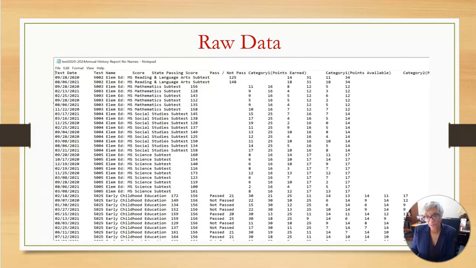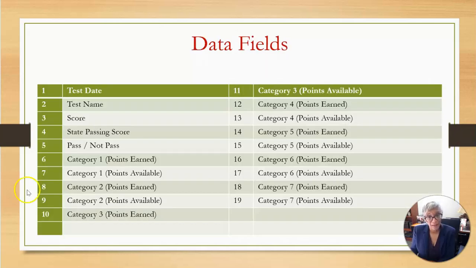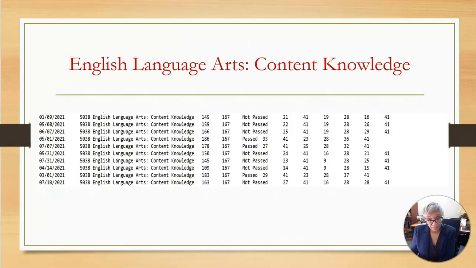And then there were these categories that I didn't quite understand. So again, the data fields: we had the test date, the test name, the score, the test passing score, and the pass or not pass. And then, as I mentioned, we had categories 1, 2, and 3, 1 through 7, with points earned and points available. Wasn't quite sure what that was.